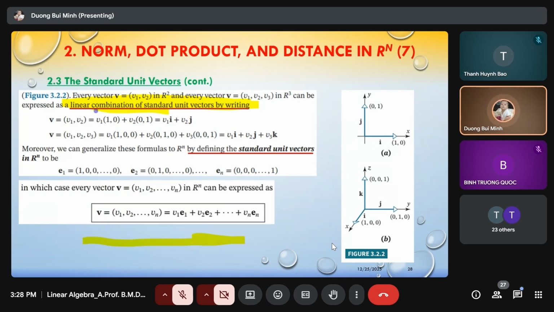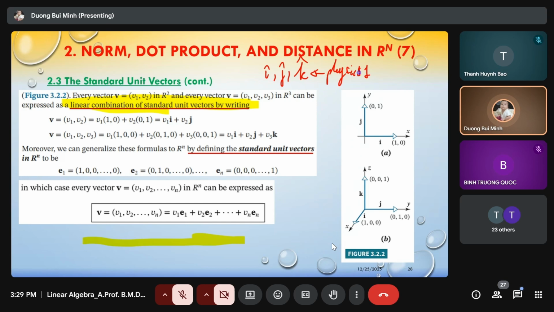Okay, we talk about the linear combination of standard unit vectors. Sometimes we say the standard unit vectors are i-hat, j-hat, k-hat, which is for physics 1.